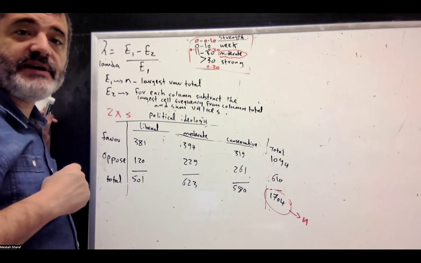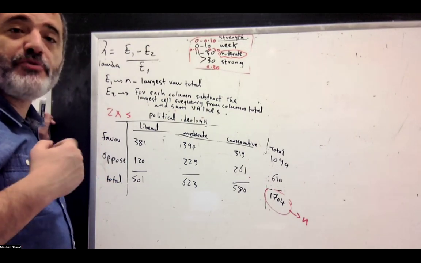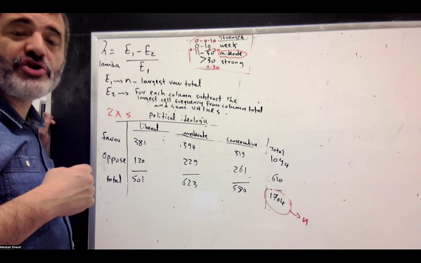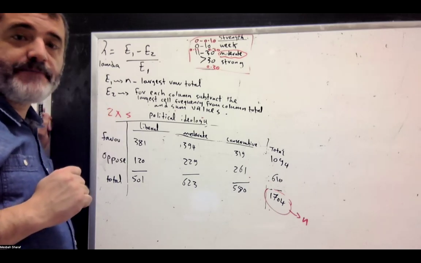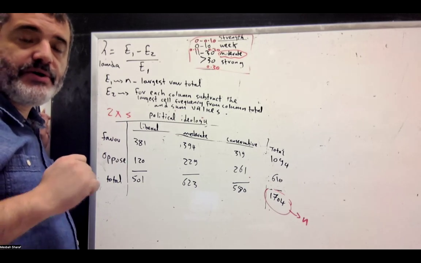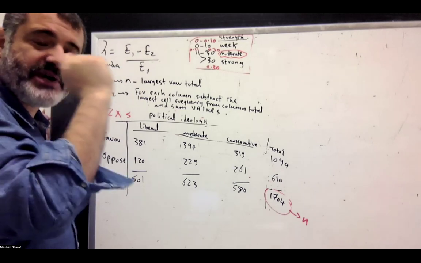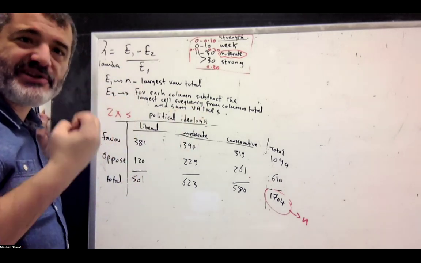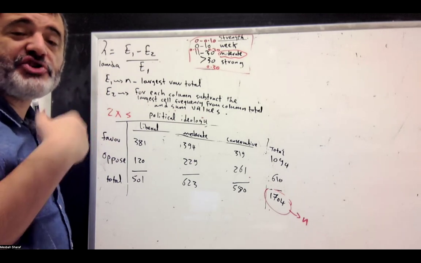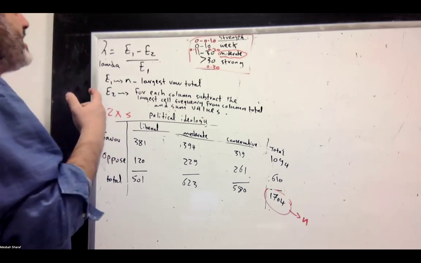We'll see that this lambda has a proportional reduction of error interpretation. So when we predict, if we know one variable, we can predict the other variable with less error. So there is going to be a reduction in the error of predicting the other variable.